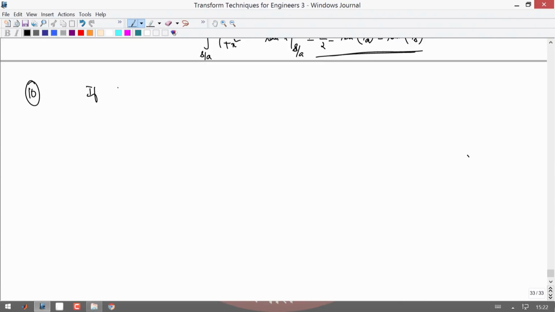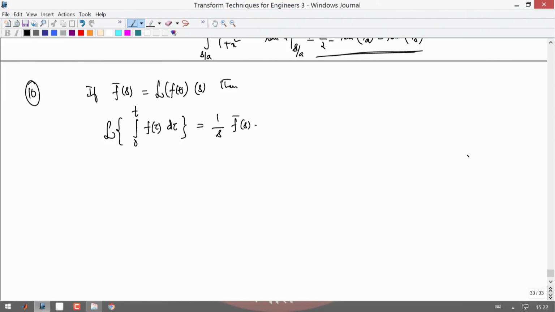If f bar of s is the Laplace transform of f of t, which is a function of s, then the Laplace transform of the integral from 0 to t of f of tau d tau is 1 by s times f bar of s, the Laplace transform itself.